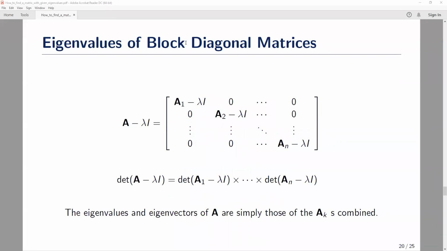What about the eigenvalues? If you do A minus lambda I, observe that it becomes A1 minus lambda I with the corresponding dimensions.